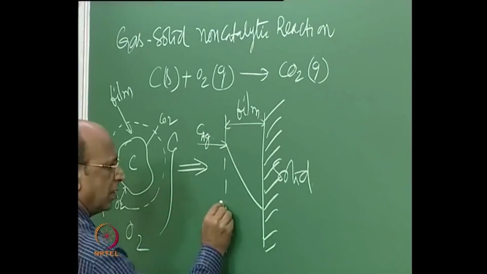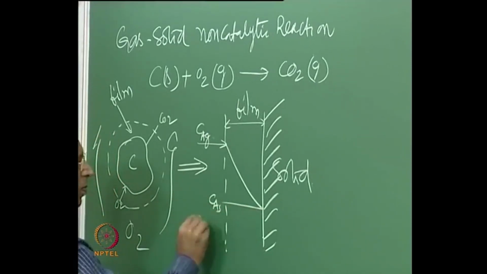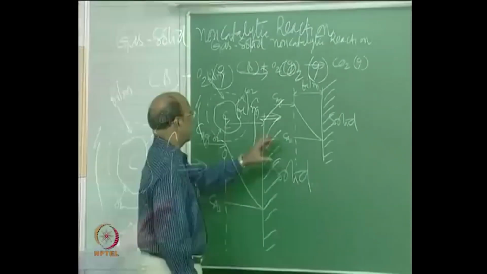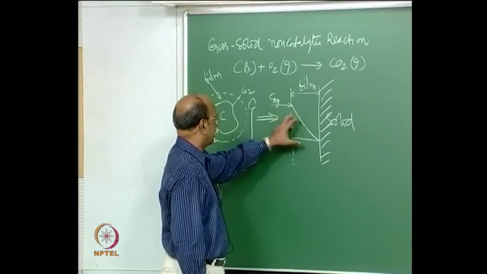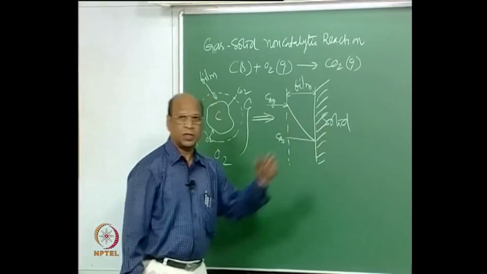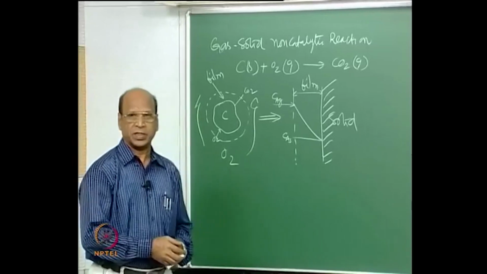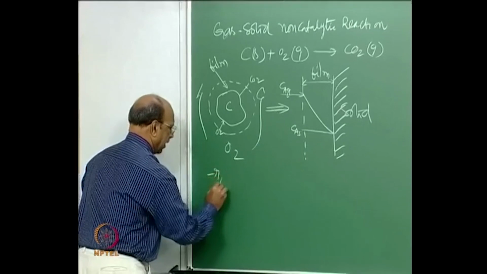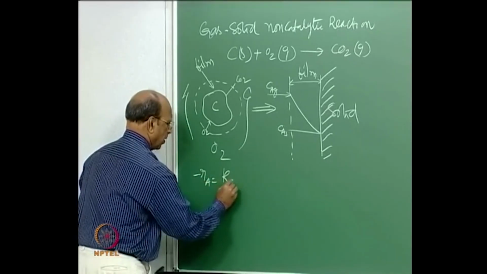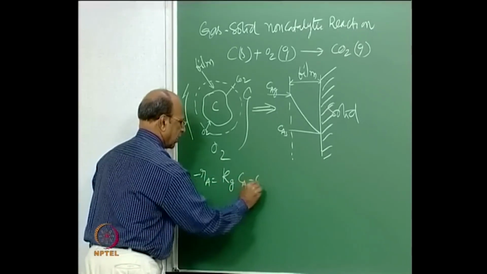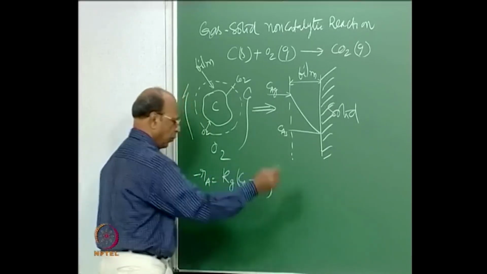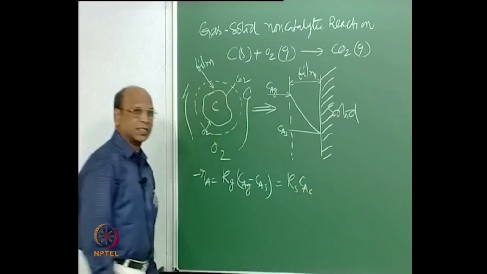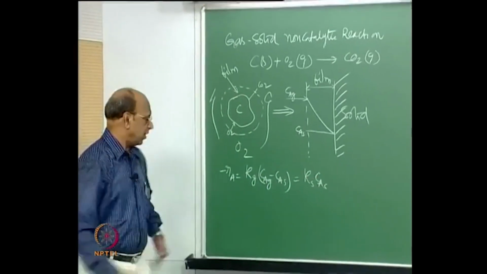This is CAS. At steady state conditions, the amount of oxygen which has diffused through the film must be equal to the reaction taking place on the surface. So we have written that minus RA equal to Kg (CAG minus CAS), and if I assume a first order reaction, this is Ks CAS.